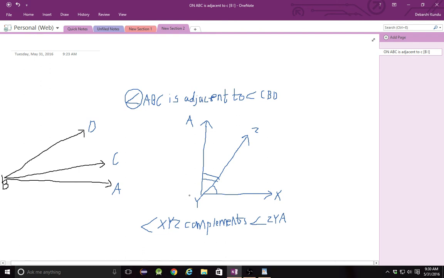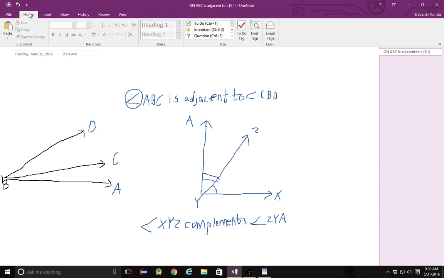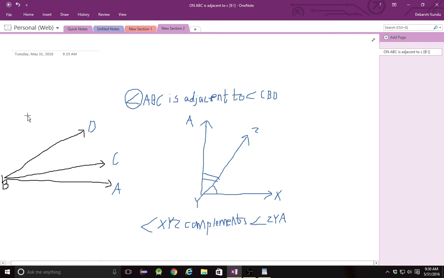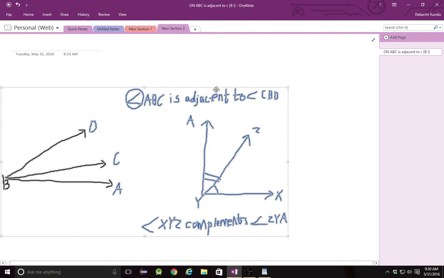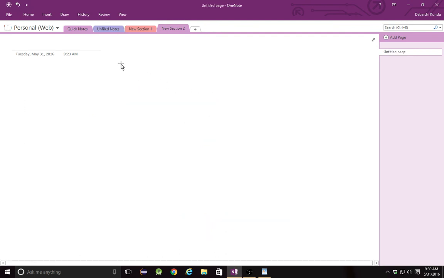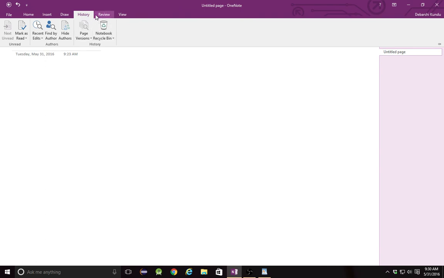Okay, so supplementary angles are two angles that add up to a straight angle. So that's essentially a little bit over the complementary angle. Supplementary angles are two angles that add up to 180 degrees.